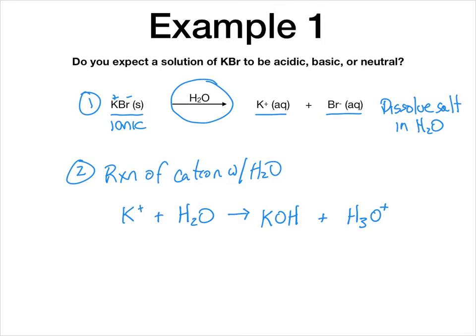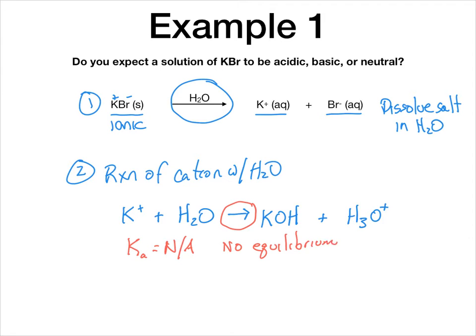Now, we need to think about, does this cation have a Ka? Well, I drew this with a single arrow, which means that the Ka is not applicable. There isn't a Ka for this reaction because there's no equilibrium.